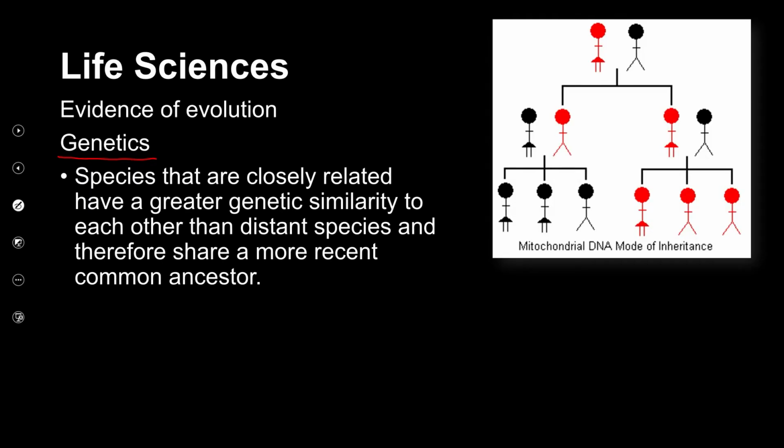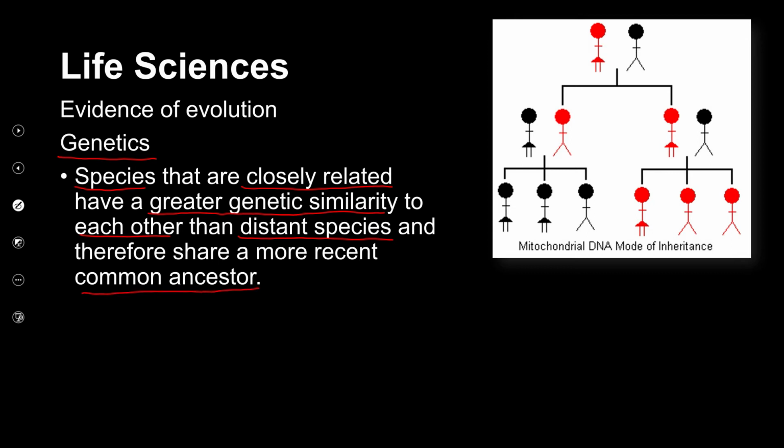Okay, so species that are closely related have greater genetic similarity to each other than organisms that are more distant species. And therefore, they would share a more recent common ancestor.